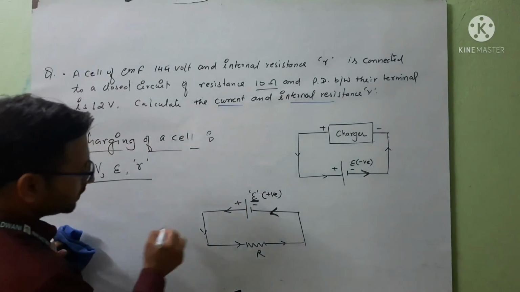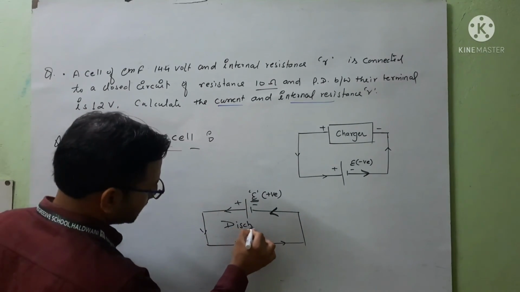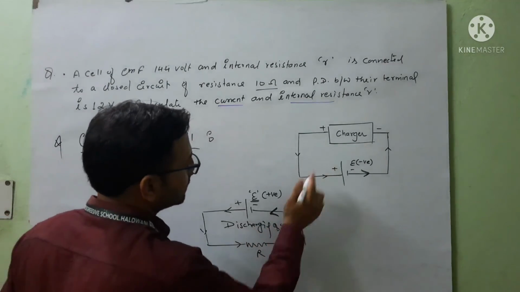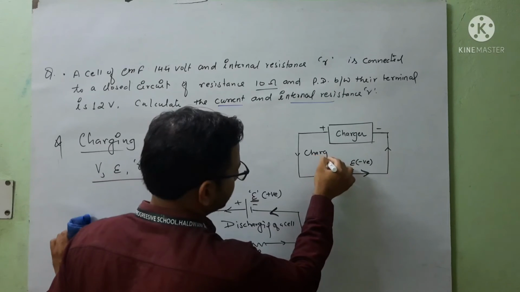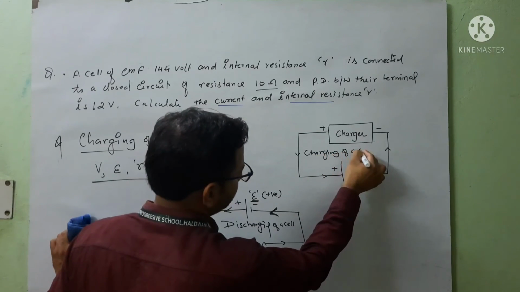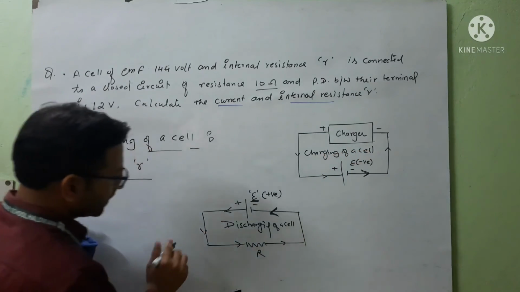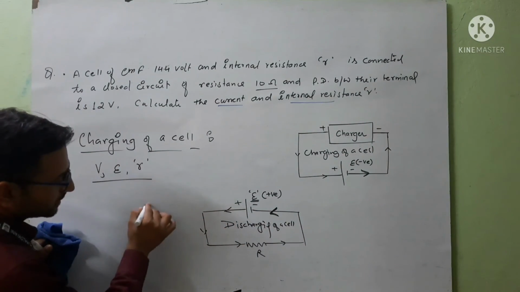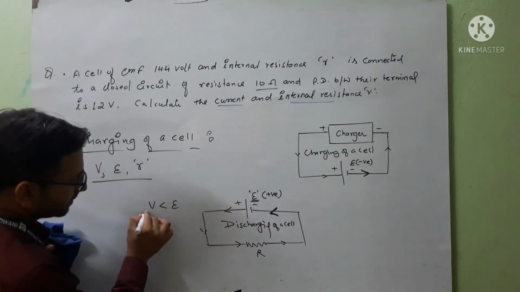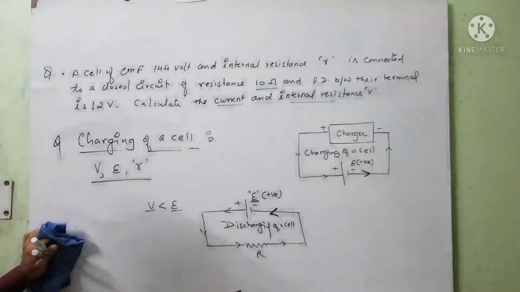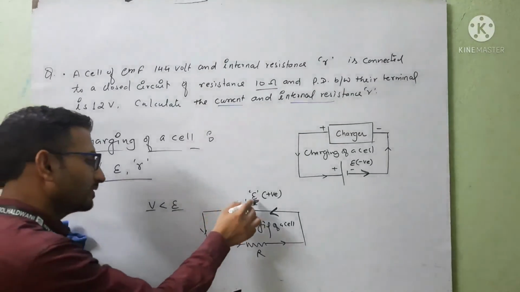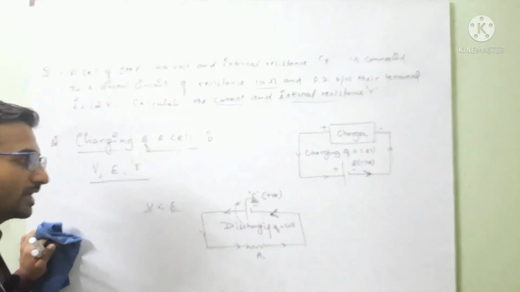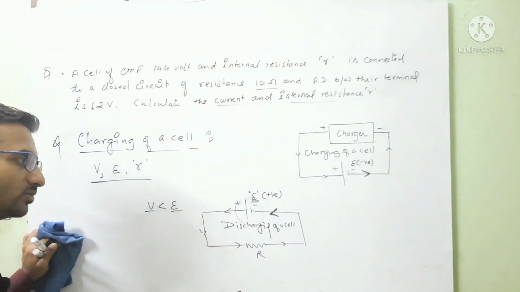As we know, this is the condition of discharging of a cell, and this one is the charging of a cell. Initially in discharging, which we have already discussed, V is less than epsilon, the EMF of the cell, meaning the energy of the battery goes down the more we use it.